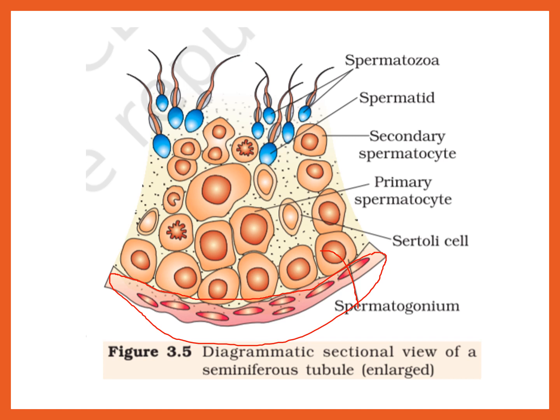And then you have the primary spermatocyte, which is formed over here. And then you have the secondary spermatocyte. And here you can see the spermatid is still attached to the Sertoli cells. And when the spermatid is released from the Sertoli cells, you have the formation of the spermatozoa.